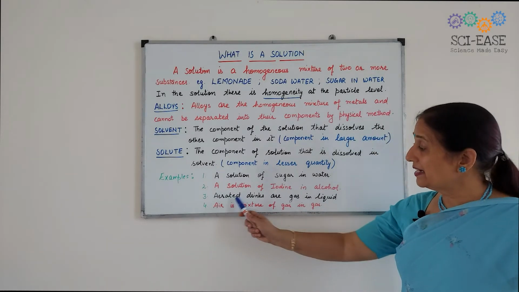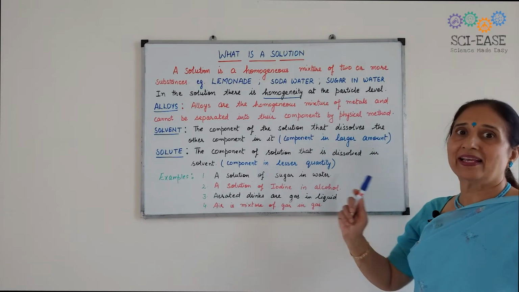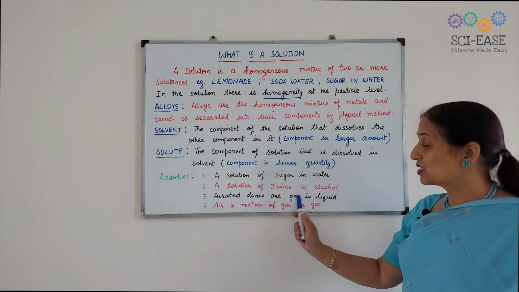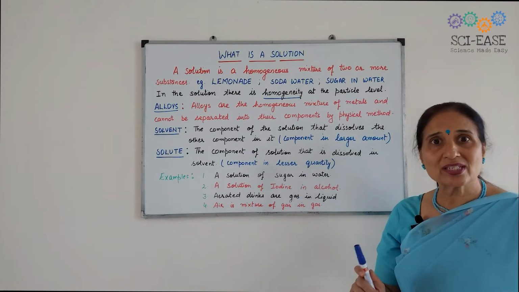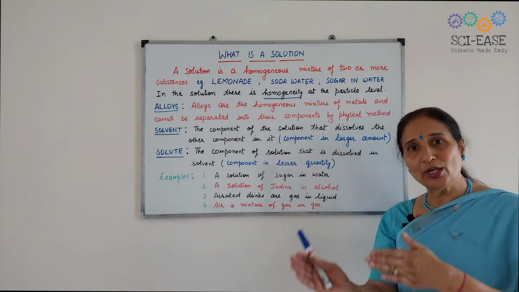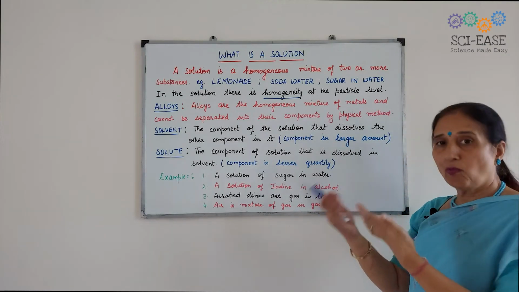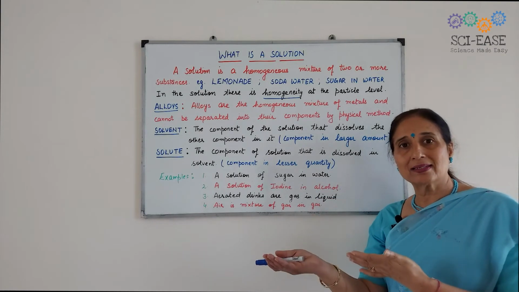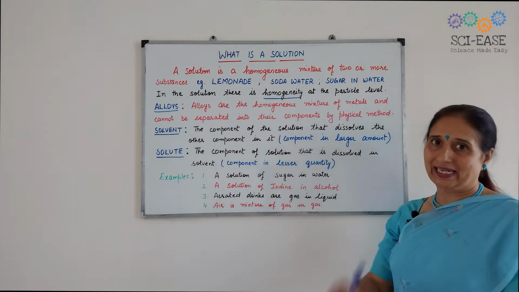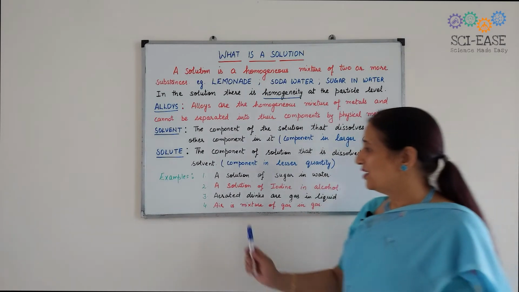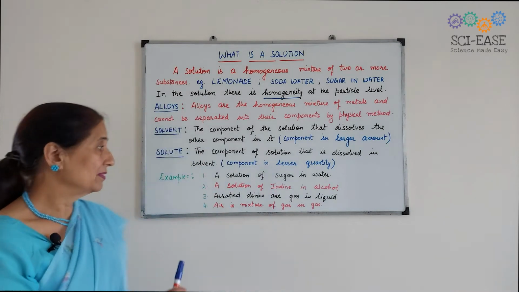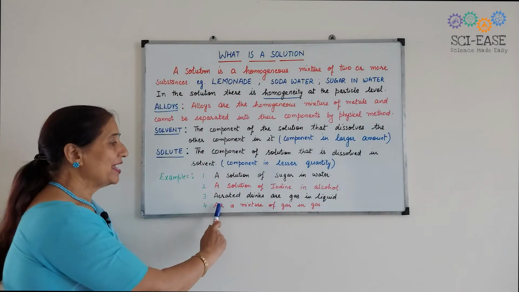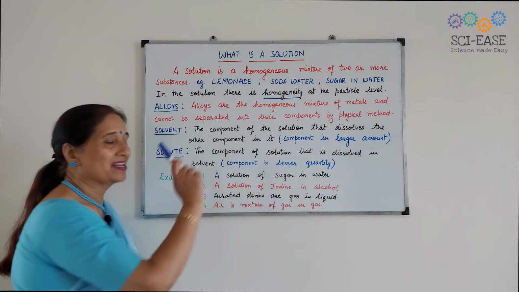Now next is aerated drinks. They are gas and liquid. Here the gas is carbon dioxide, that is the solute, and water or liquid is the solvent. Now come to the fourth example. Air is a mixture of gas and gas.